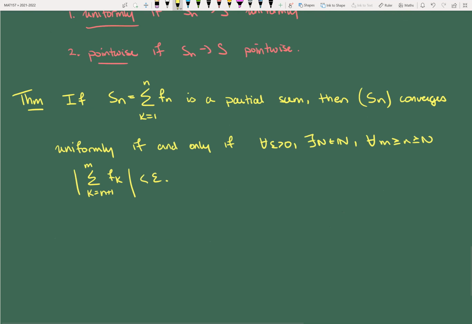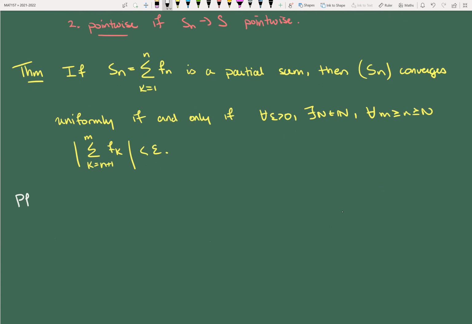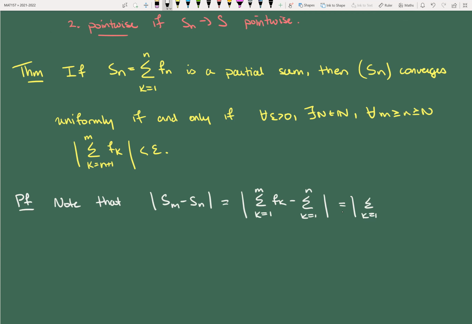Okay, and this is just the Cauchy condition. There's nothing to do here. So, proof, right? Note that S_m minus S_n is the sum from k equals 1 to m minus the sum from k equals 1 to n, which is the sum from n plus 1 to m.